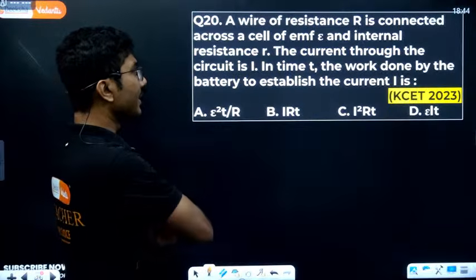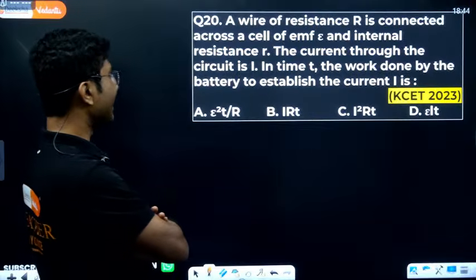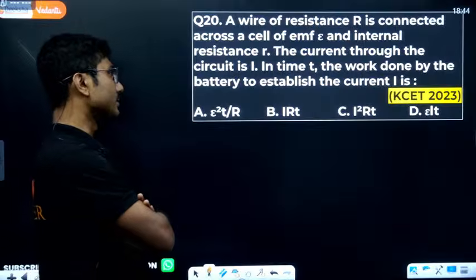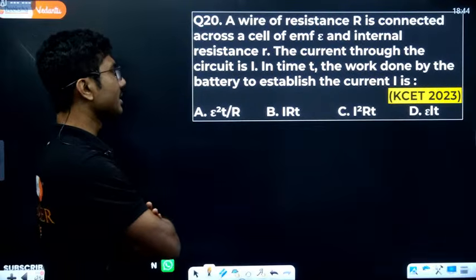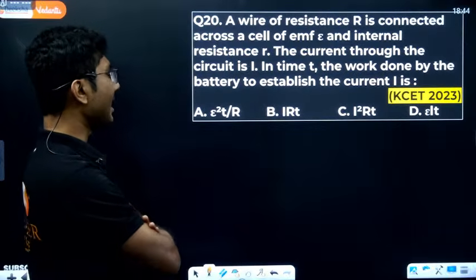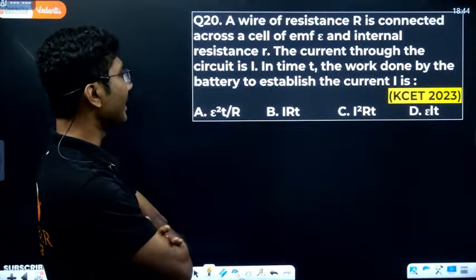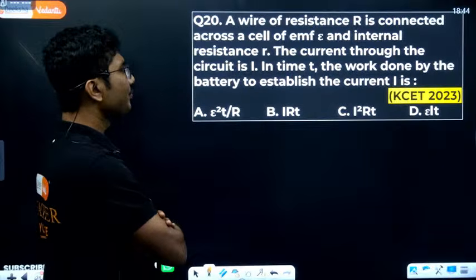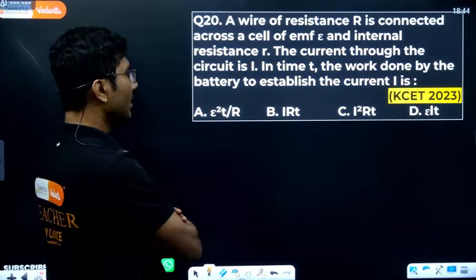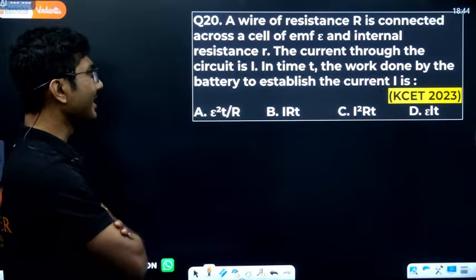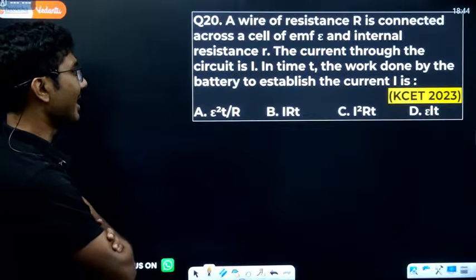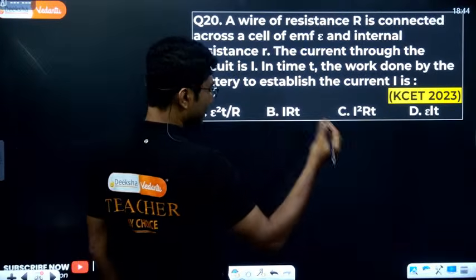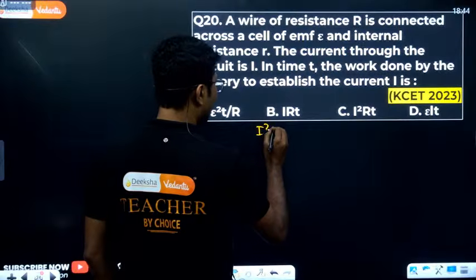A wire of resistance capital R is connected across a cell of EMF epsilon and internal resistance small r. The current through the circuit is I. In time t, the work done by the battery to establish the current I is... So, when the current is flowing in a circuit and there is an external resistance R, the work done by the battery to establish the current is always given by the energy, that is I square RT.